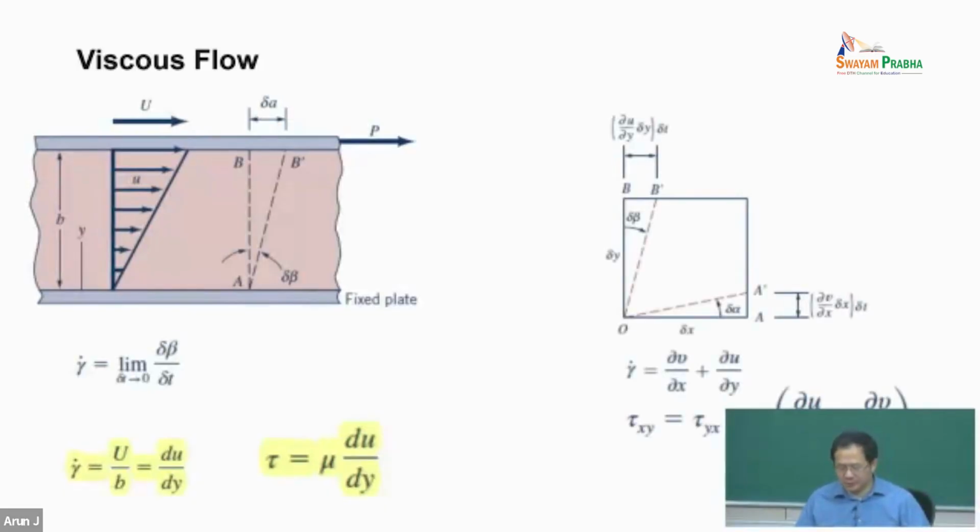If you have two-dimensional flow, the shearing is not only in the x direction but also the y direction, so you write it that way. Overall, for viscous flow, the equation is more complicated. We call it the Navier-Stokes equation.